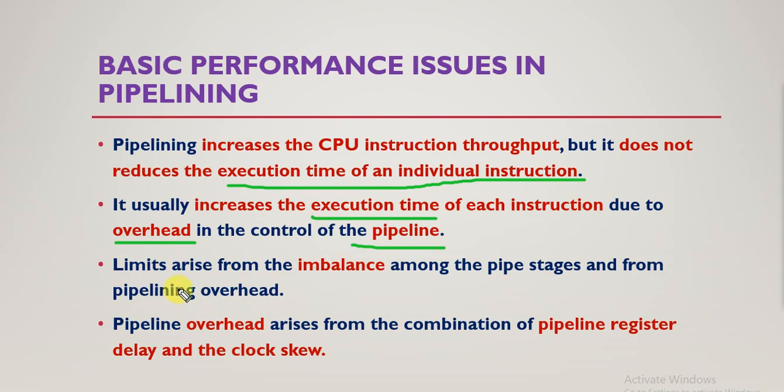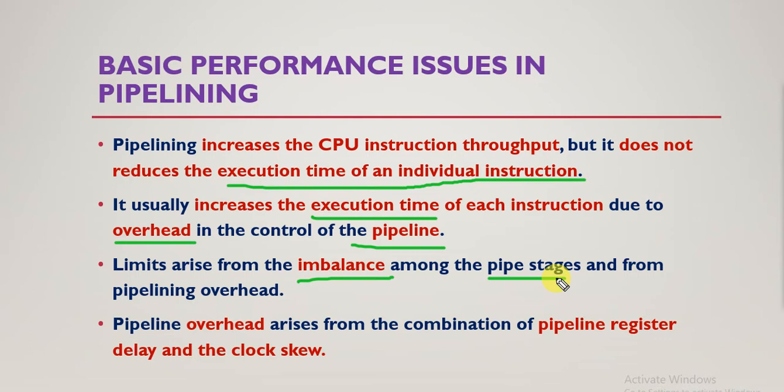So the limit arises from the imbalance among the pipe stages. As per our previous example, every stage was balanced. That means first instruction, first operation, then first instruction, second operation, and automatically the second instruction arrives. Everything is balanced, following that single clock cycle, and it completes its execution.